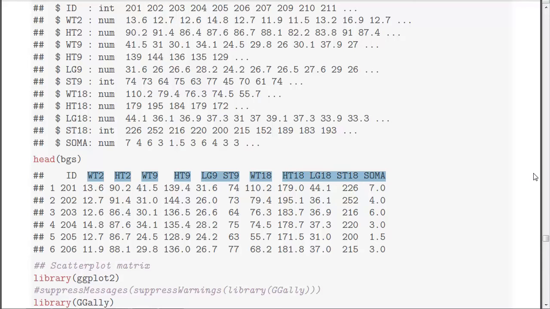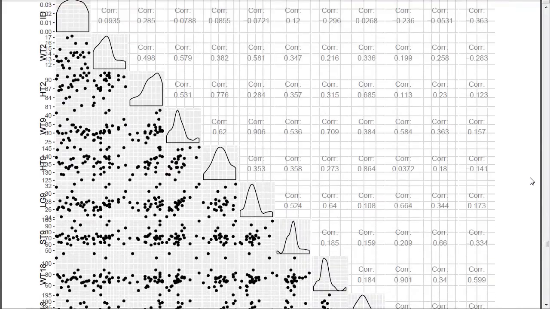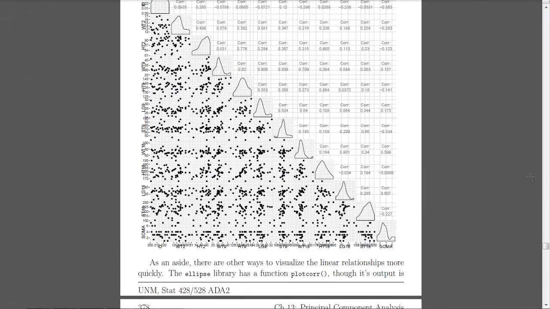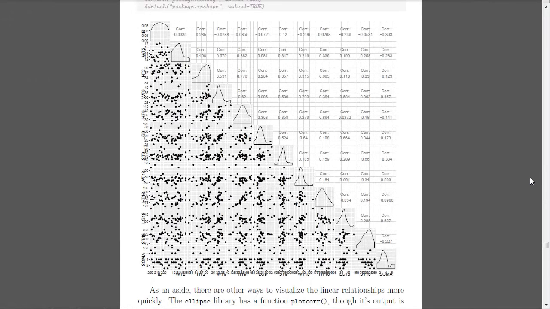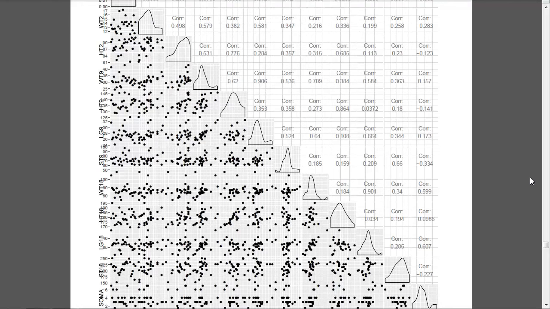So our hope here is to reduce this from 11 down to a smaller number of predictors to be used in a regression model. Let's start off by plotting the data, and I'm going to zoom out a bit. I realize this is going to be a little hard to see in my video presentation, so I just remind you that you've got access to these slides from the website.